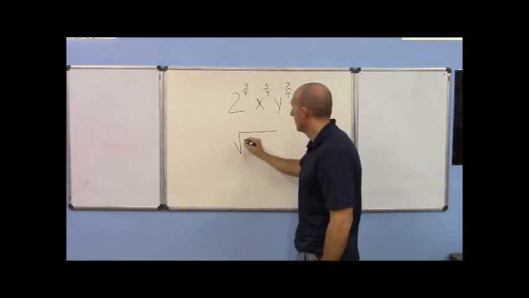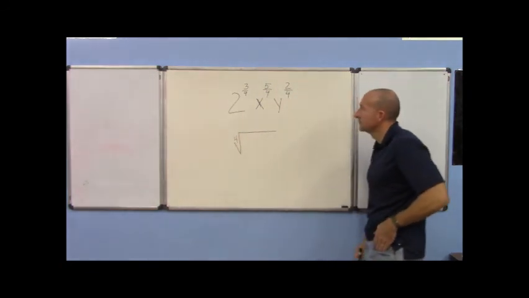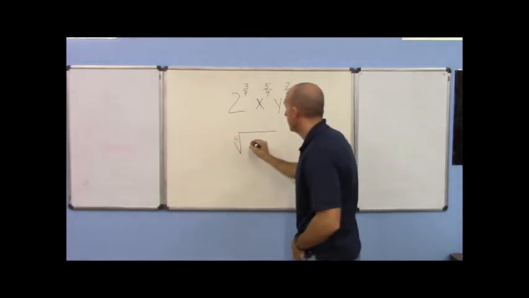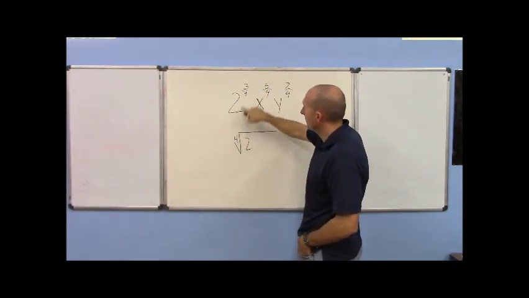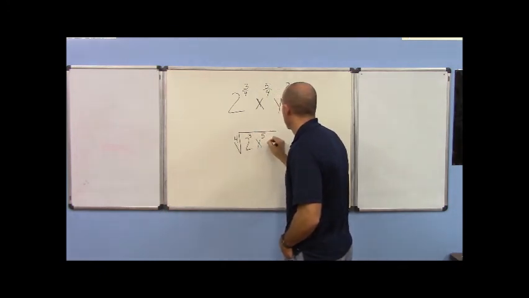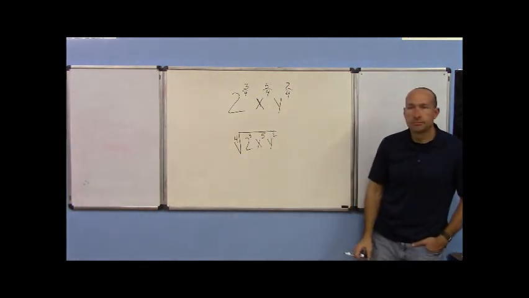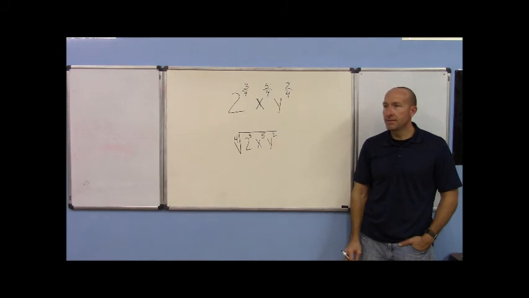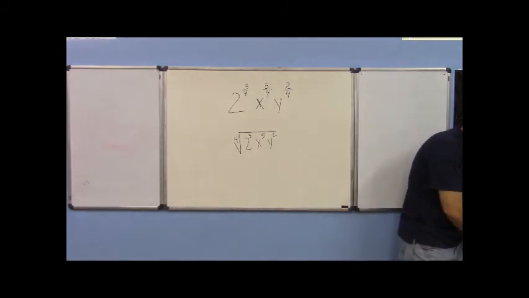But here, we can go ahead and put that in the index. And then we can rewrite each base with our numerator as the exponent. So a 3, x to the 5th, y to the 2nd. Everybody get there? Cool. Any questions with that so far?